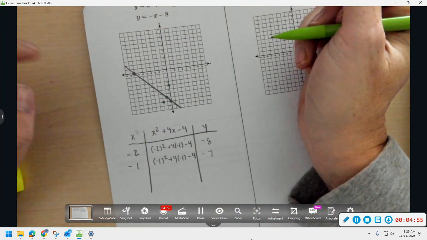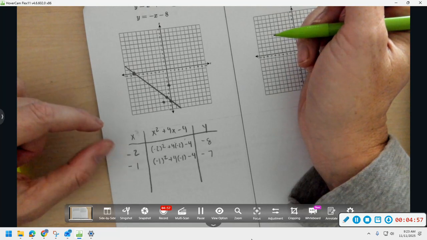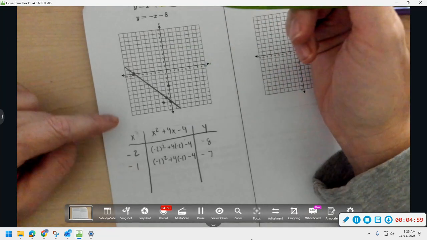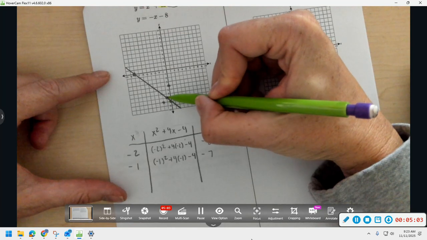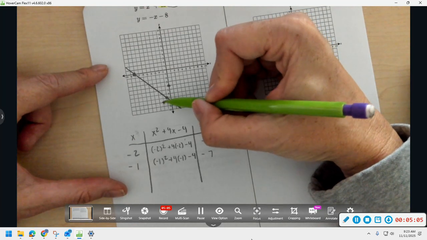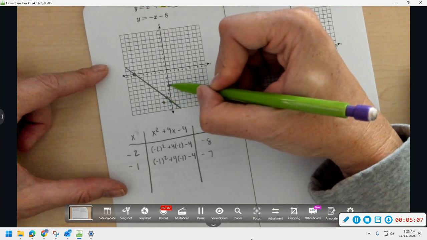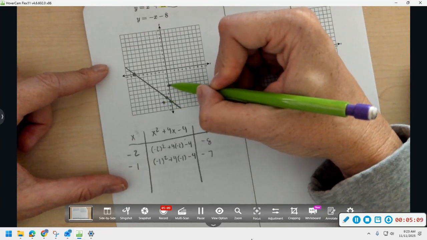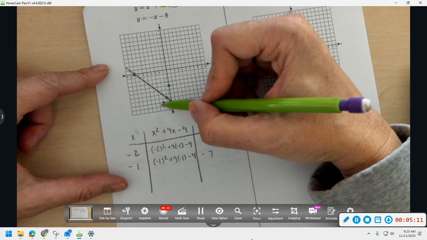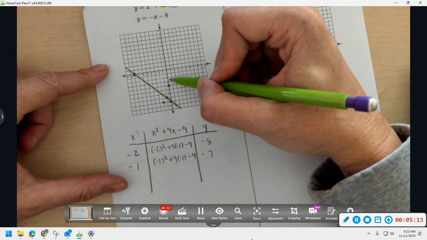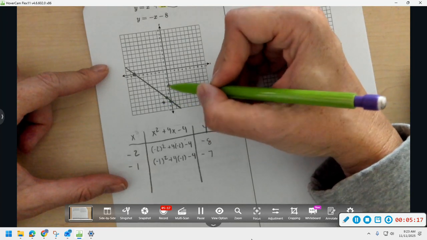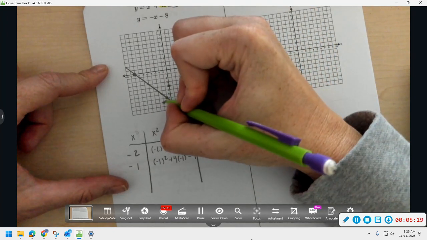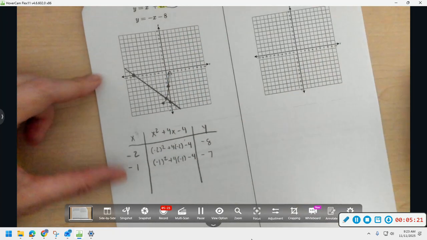So if you think about a quadratic, it's going out 1, up 1, and then it went out 2 and up 4. So this is our parabola right here. It went out 1, up 1, out 2, up 4. So I have one of my intersections.